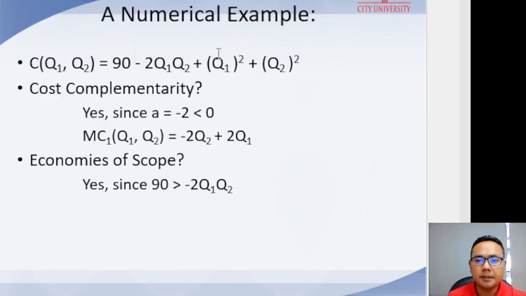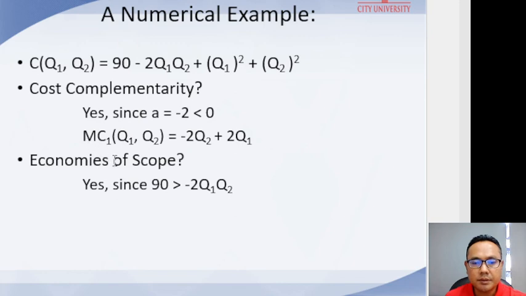Okay, this is a numerical example. Let's say the cost for quantity 1 and quantity 2 equals 90 minus 2 Q1 Q2 plus Q1 squared plus Q2 squared. So cost complementarity, yes, since a equals minus 2, which is lower than 0.